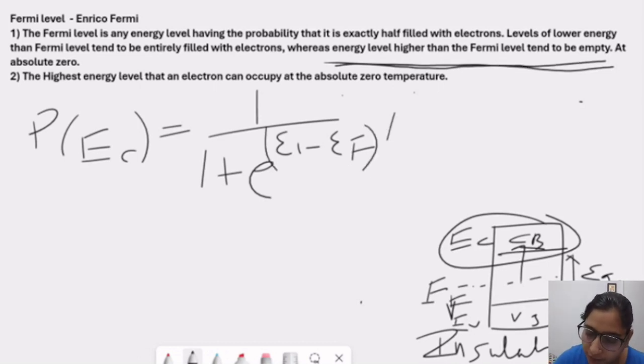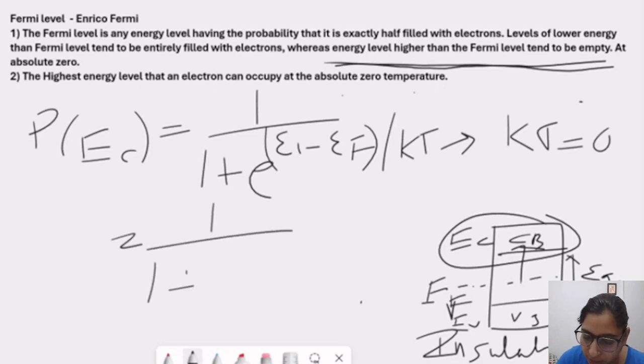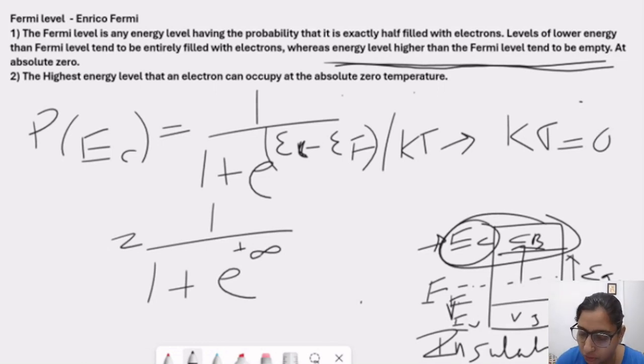Okay, now we will divide it by kT. T here is 0 degree Kelvin, so kT will be almost 0. Okay, so 1 upon 1 plus e to the power, whatever the EC here, it will be always positive because it is above the EF. So the energy in conduction band is always higher than the EF. So we consider this as a positive value of anything.